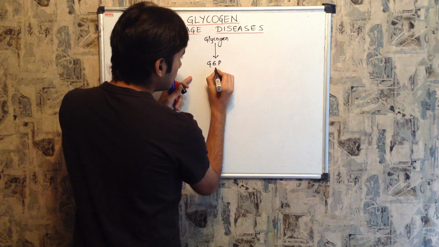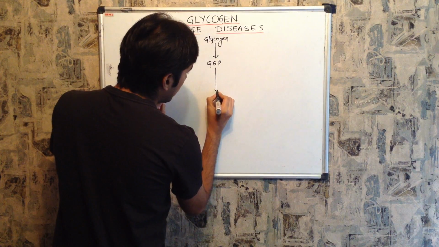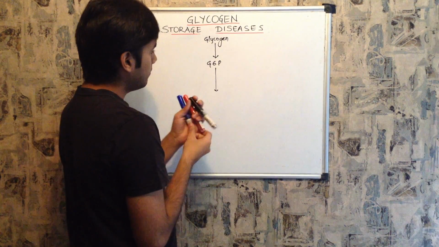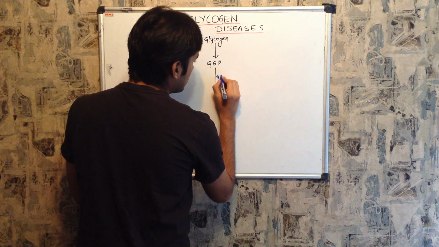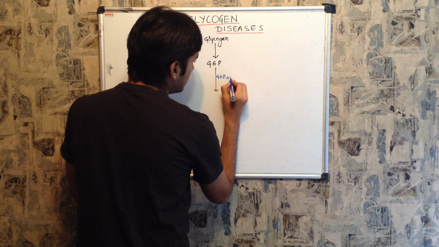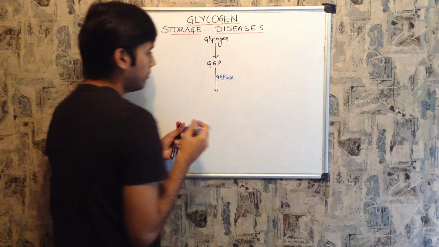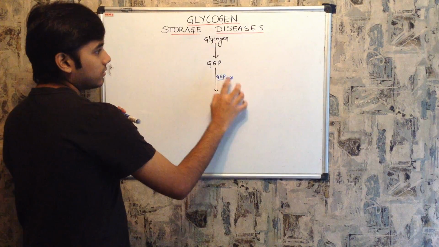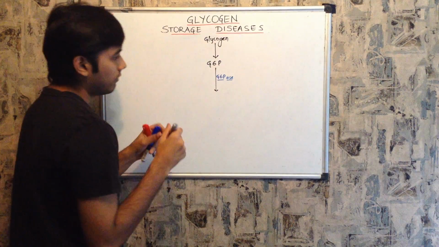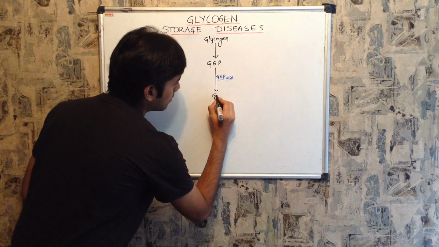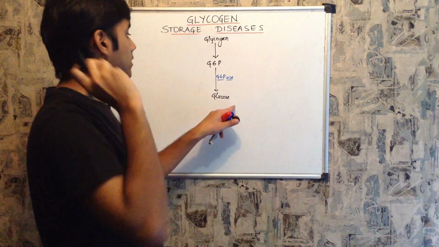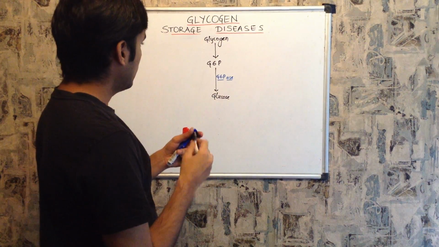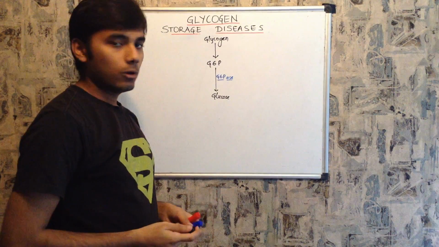And next, glucose 6 phosphate, with the help of the enzyme glucose 6 phosphatase, is converted into glucose and inorganic phosphate. So it is converted into glucose.